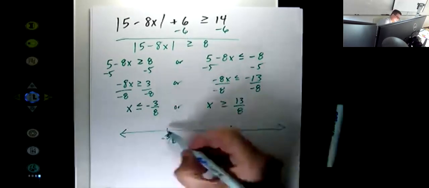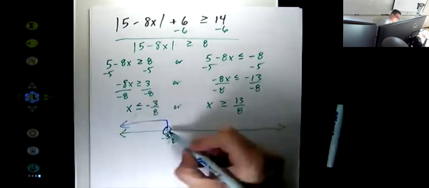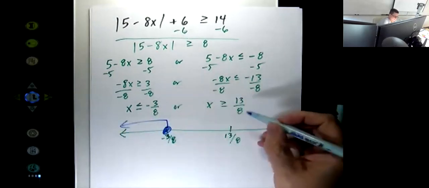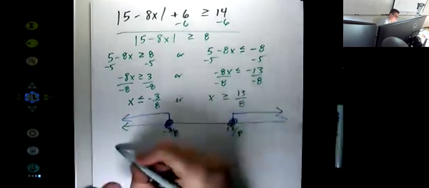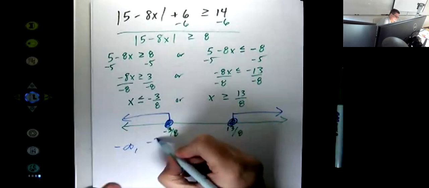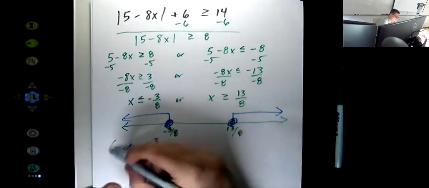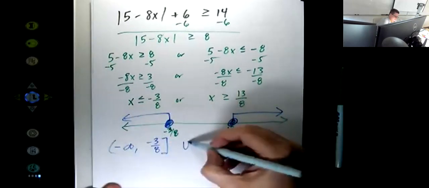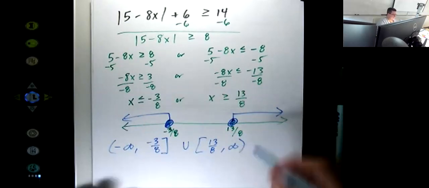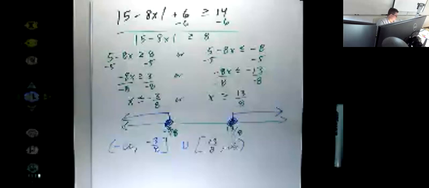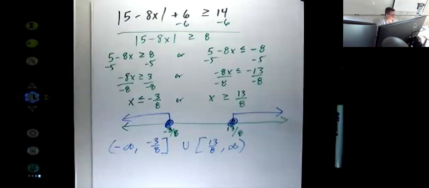So we want less than that, and we're including it, so we'll fill it in. And we want greater than 13/8, so we'll fill in on that one too. Negative infinity to negative 3/8, in union with 13/8 to infinity. So don't forget, if you divide by a negative, you gotta flip the sign.